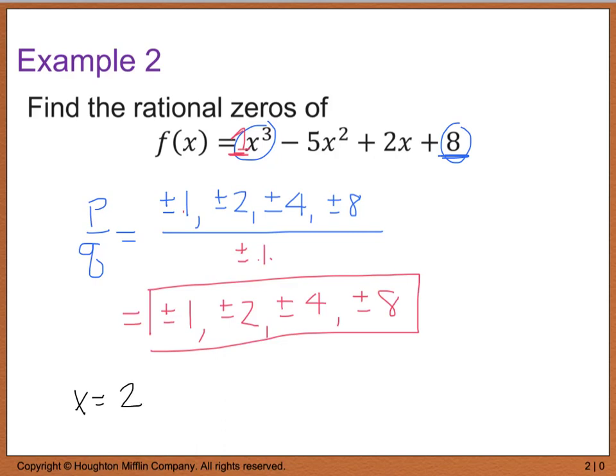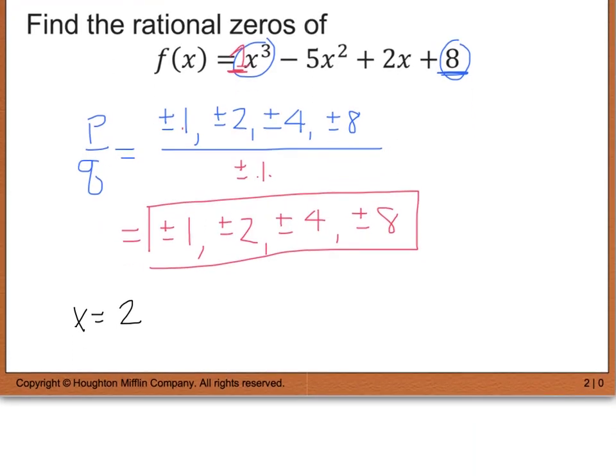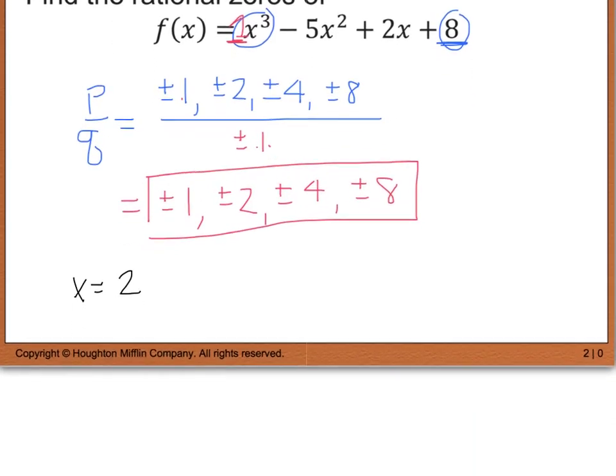So what I'm going to do then is use synthetic division to find the rest of my rational zeros. So for my synthetic division, I'm going to use my factor of x equals 2, and I have 1, -5, 2, and 8.